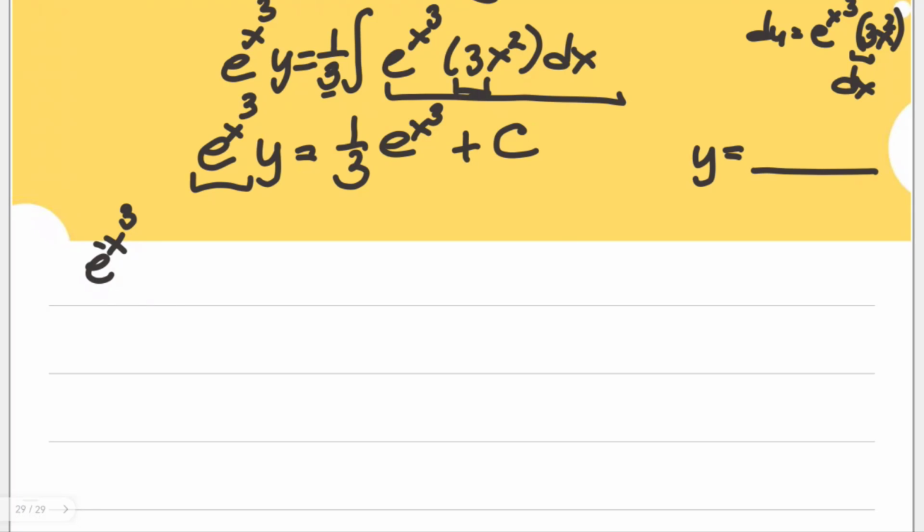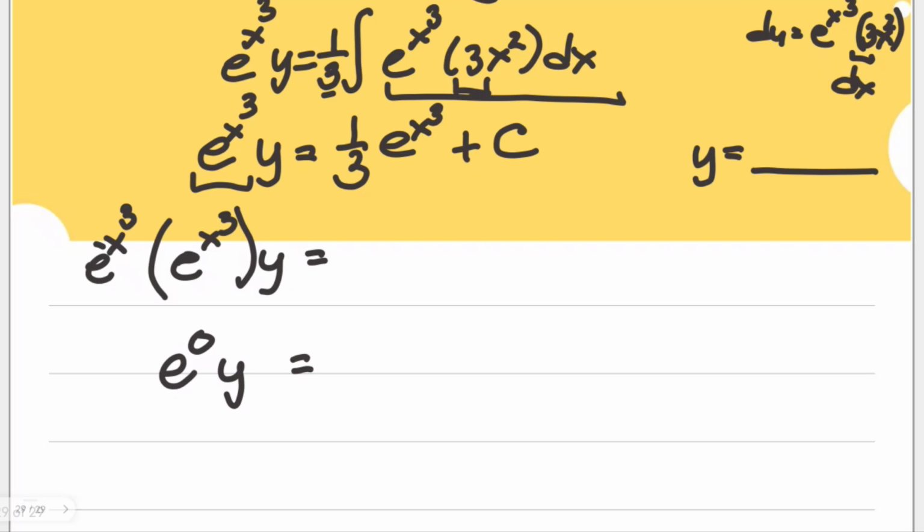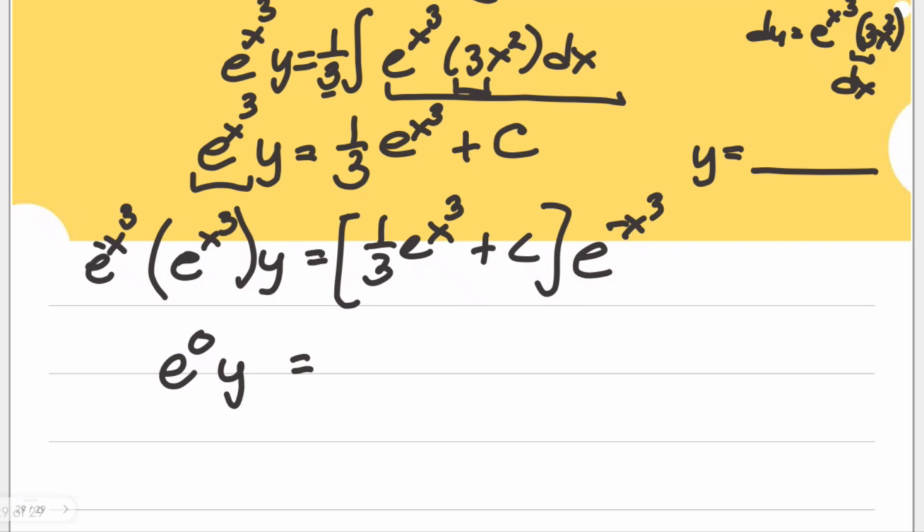So that when you multiply this e to the power of x cubed using the laws of exponents, you will have e to the power of 0. Of course, you still have y here. But take note that you also need to do the same thing on the other side. Multiply e to the power of negative x cubed. This will also have the same effect as on the left-hand side.